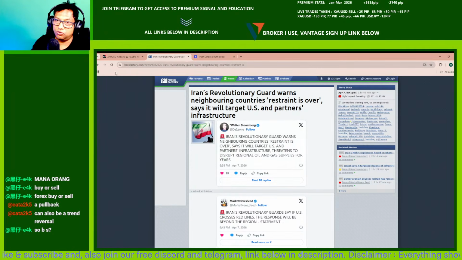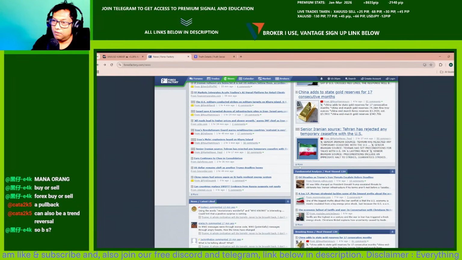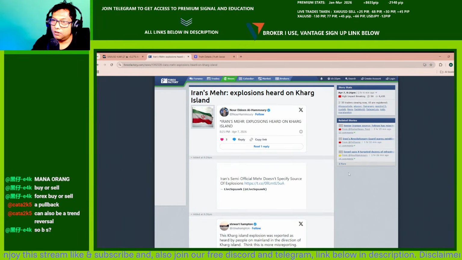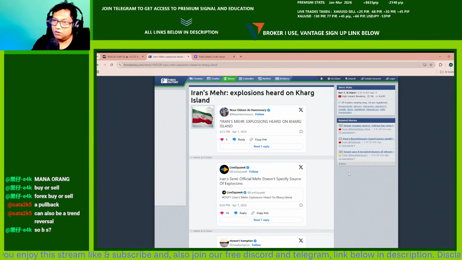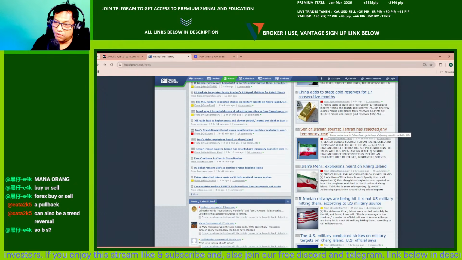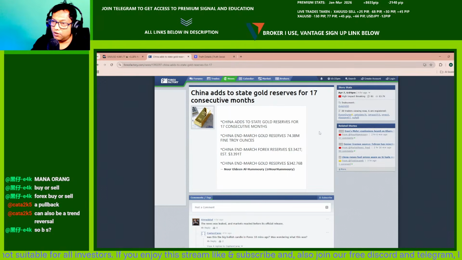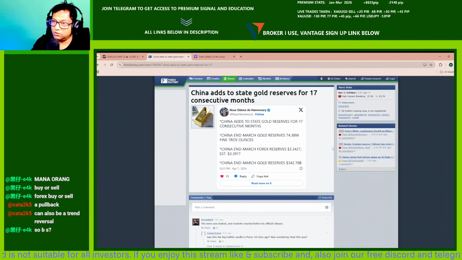All right, now we see that there is something. Both of these are red folder, quite a few red folder. Two hours ago, Iran's Meher reported an explosion hard on Kharg Island. So there is something happening on Kharg Island, an explosion followed by some kind of reaction. And also this one, four hours ago: China adds to state gold reserves for 17 consecutive months.